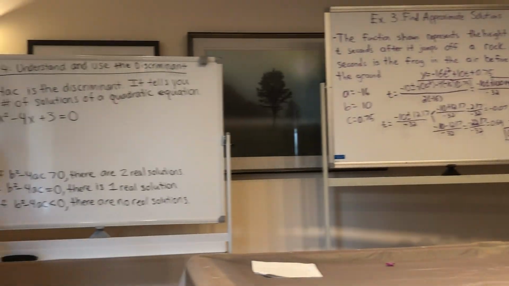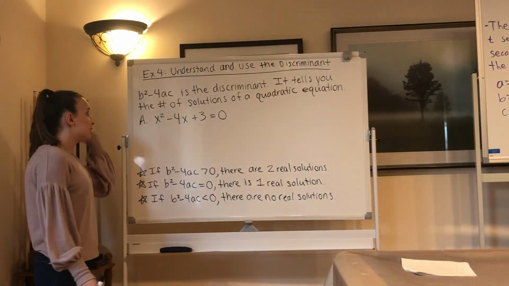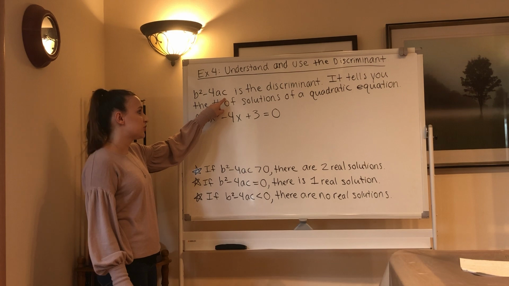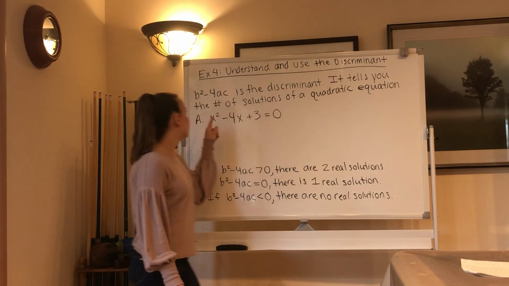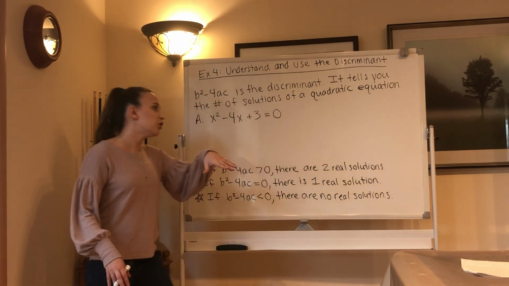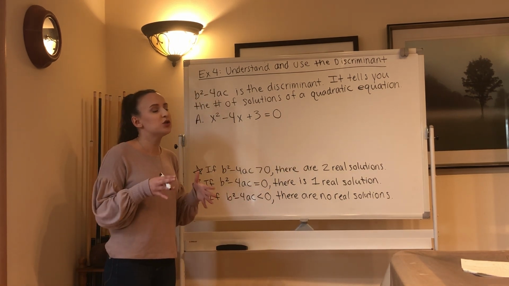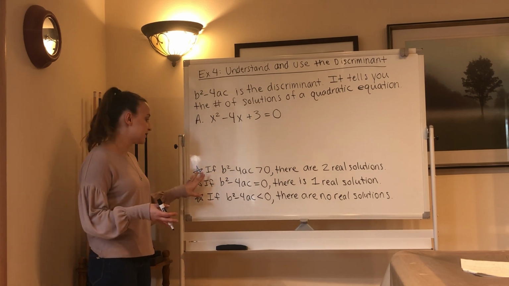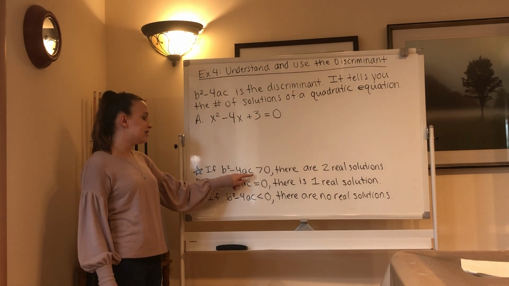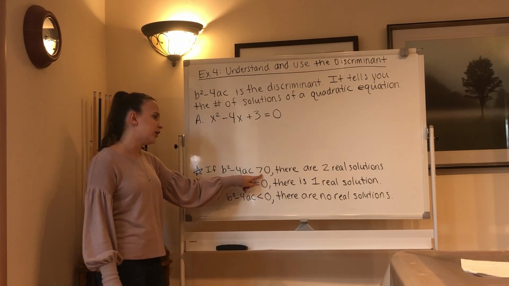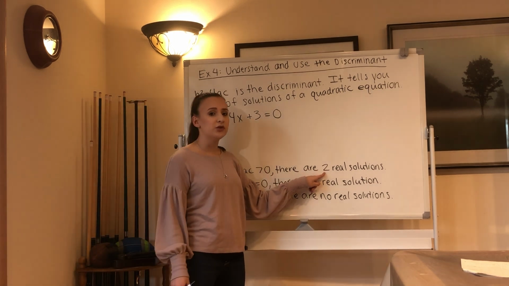Okay, so the discriminant. The discriminant is b squared minus 4ac. That's the discriminant, and it tells you the number of solutions of a quadratic equation. So we don't want to know what the solutions are now, we actually want to know how many solutions we have. There are 3 rules for this. If b squared minus 4ac is greater than 0, when you plug in your numbers, that means there are 2 real solutions.